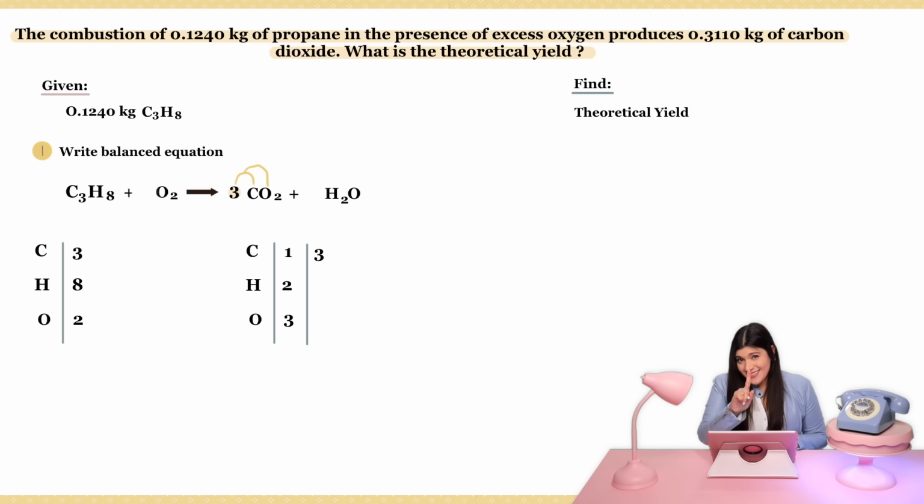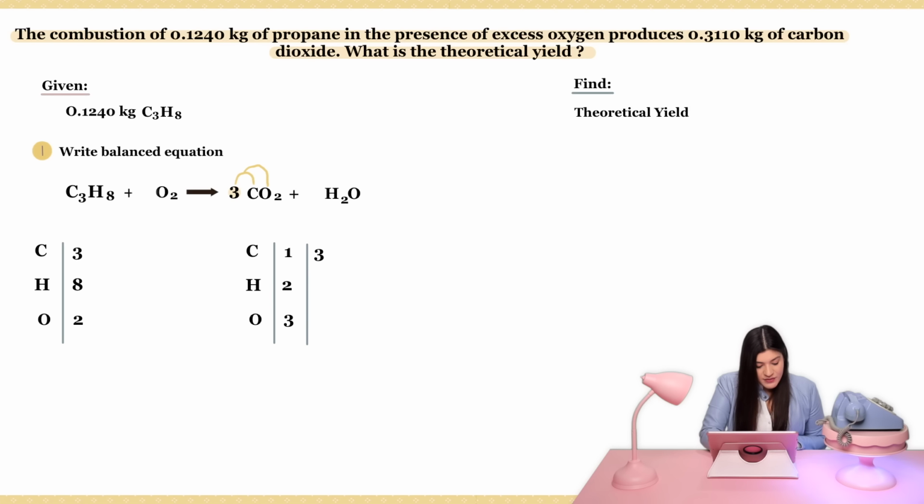But don't forget, we don't have 6. We have 1 more, so beware of that. So 3 times that 2, 6 plus 1 more. Don't just look at one side, keep looking at what else this is added to. Is there any other oxygens hidden there? And there are. So we have 7 oxygens.